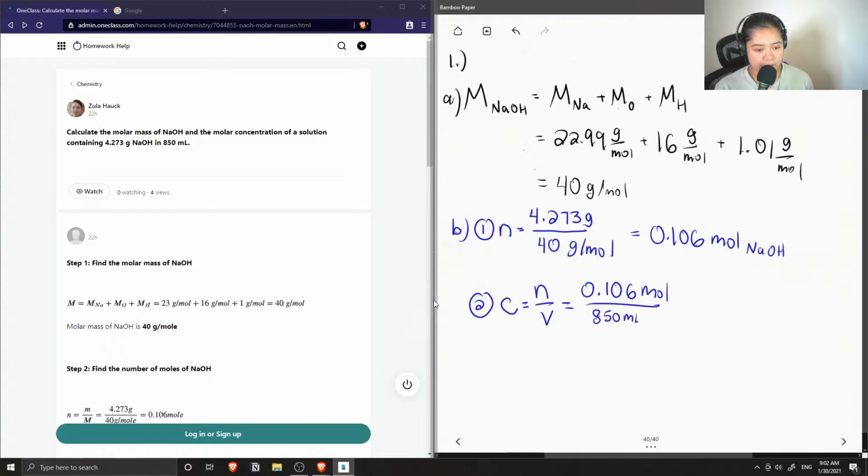So 850 milliliters, if we divide by 1,000, since there are 1,000 milliliters in 1 liter, we can convert to liters. So now we end up with a concentration of 0.125 moles per liter.